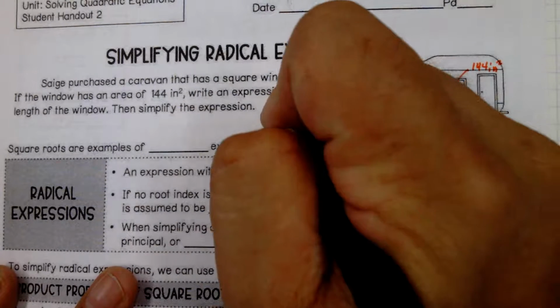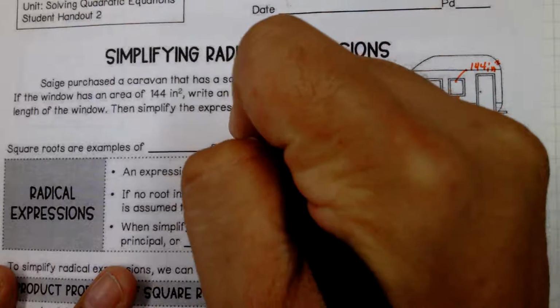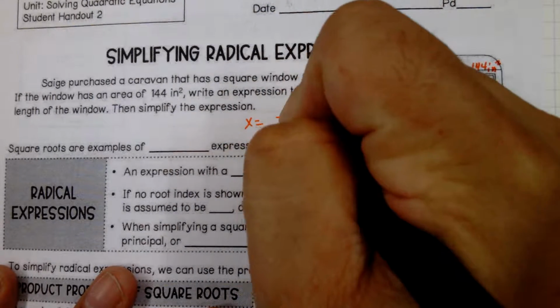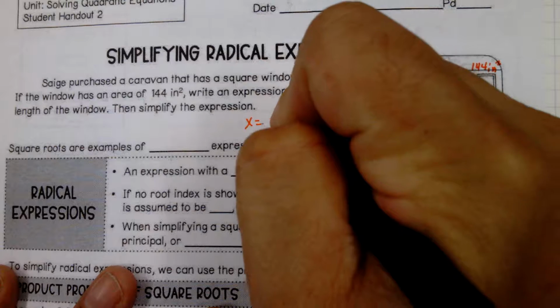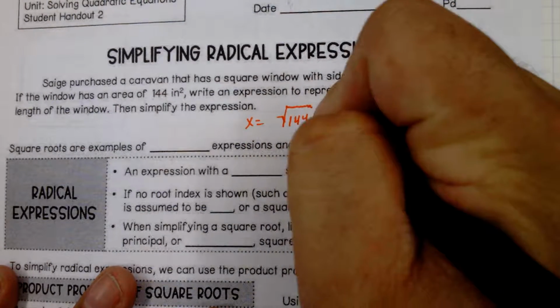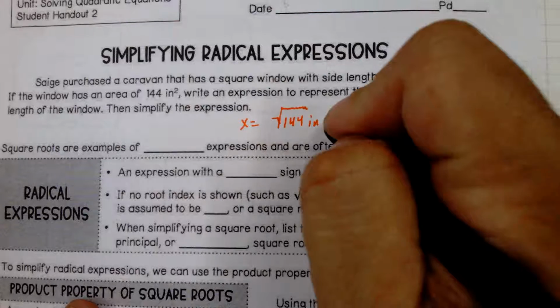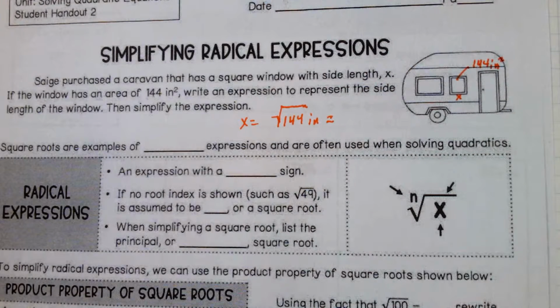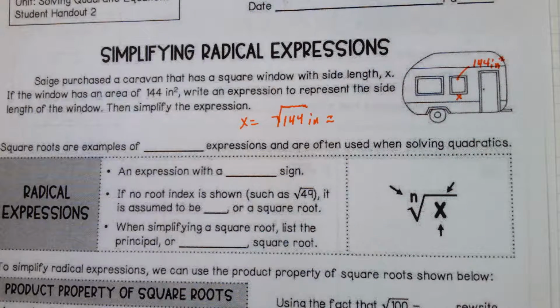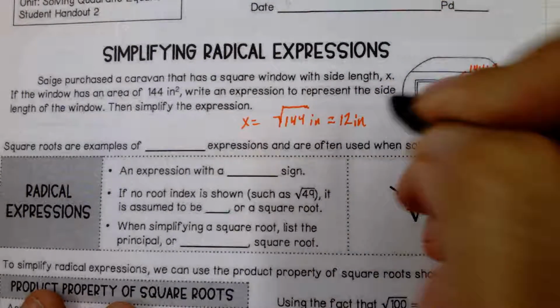The way we would find it, X equals the square root of 144. So how long is each side of that window? How many inches? Oh, 12 inches long.